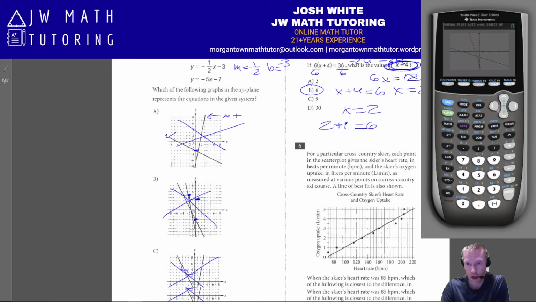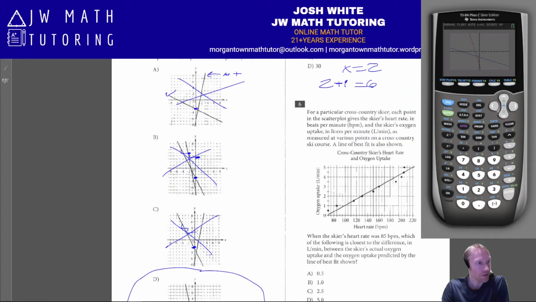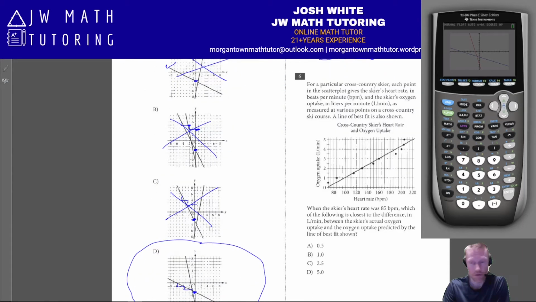All right, problem below that, problem number 6, we have a graph with a best fit line, and it's got various actual point values on it. So it asks about when the skier's heart rate was 85 beats per minute. Notice that the way this is set up, we have 80, which is right here, and we have 100, which is right here.